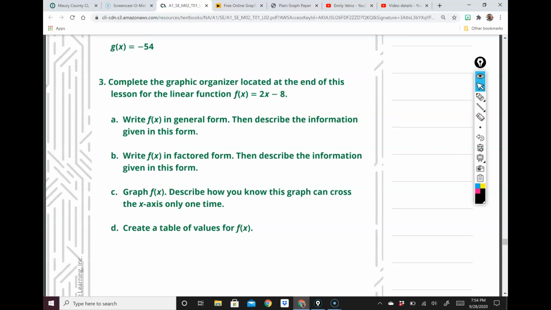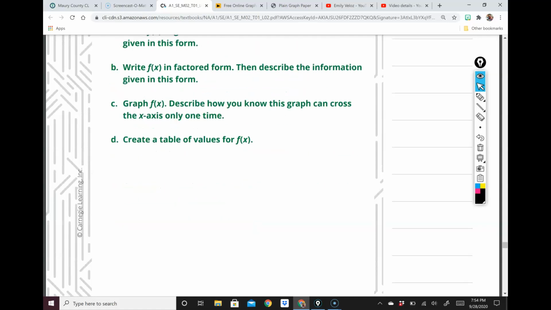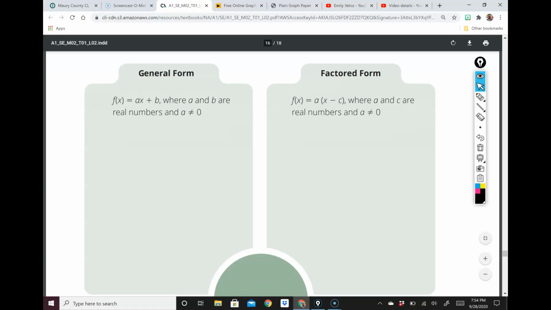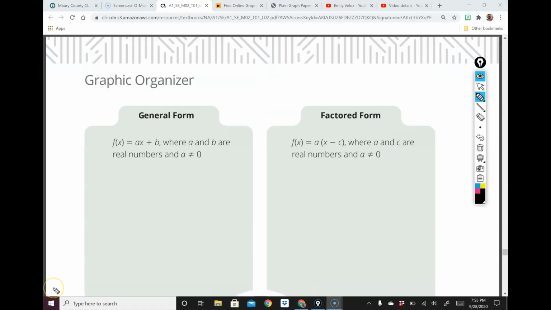Number 3, complete the graphic organizer located at the end of this lesson for linear function f of x equals 2x minus 8. Write f of x in general form, then describe the information given in this form. All right, so we're going to look at the equation f of x equals 2x minus 8.